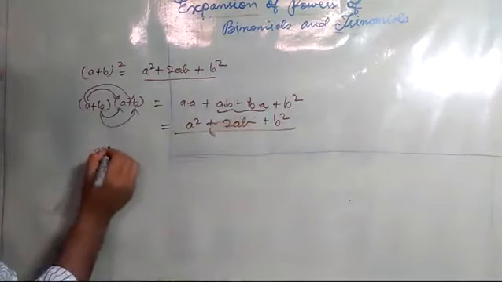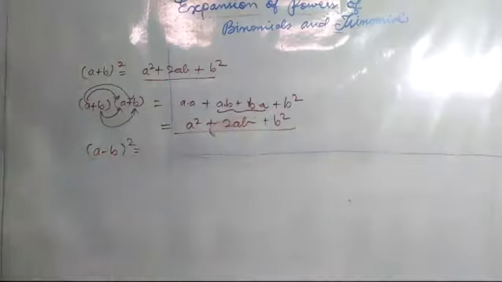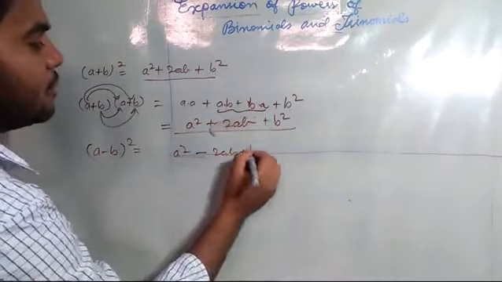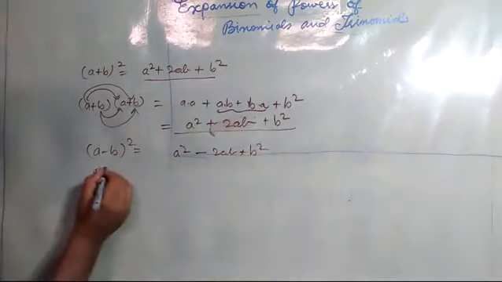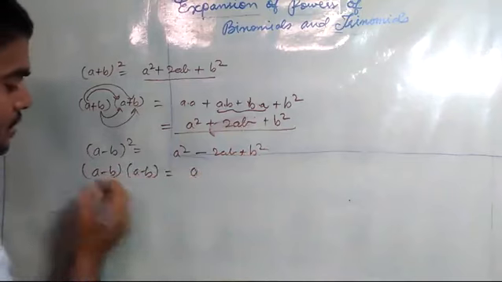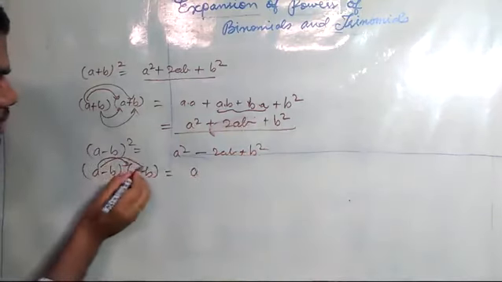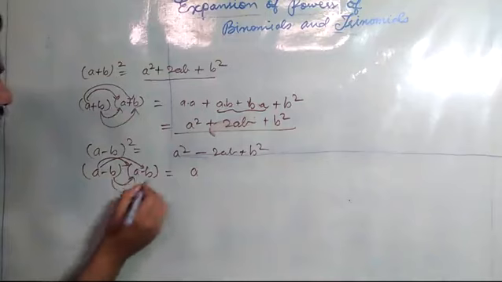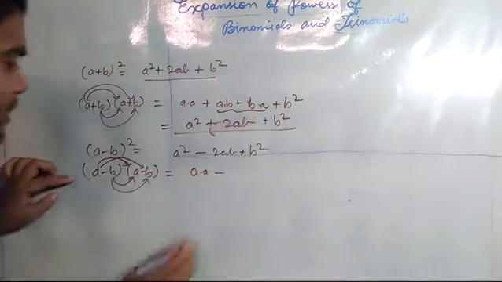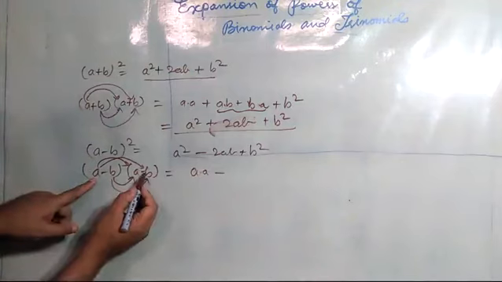If I am having a minus b whole square, then a square minus 2ab plus b square. How will I get a minus b into a minus b? This you can see. A multiplied with a, multiplied with minus b, multiplied with b. So a into a. Then you see a is multiplied with minus b.